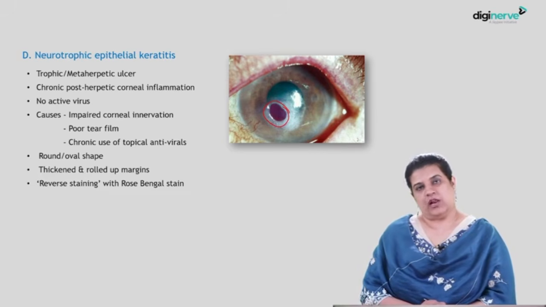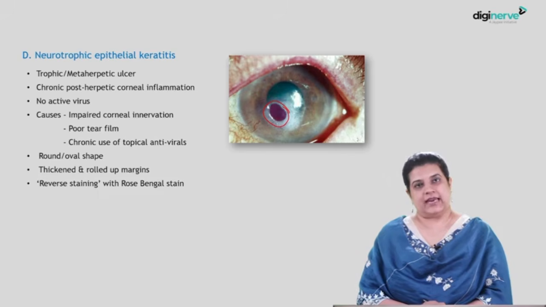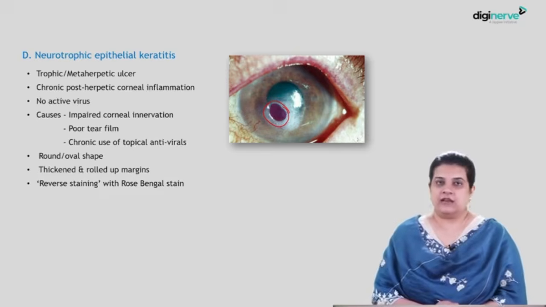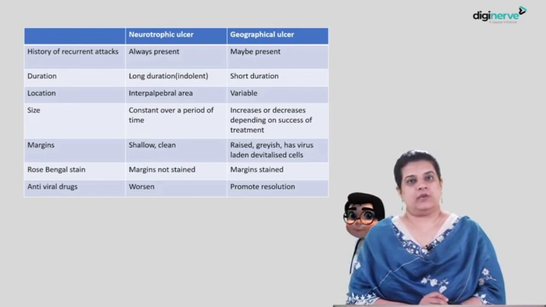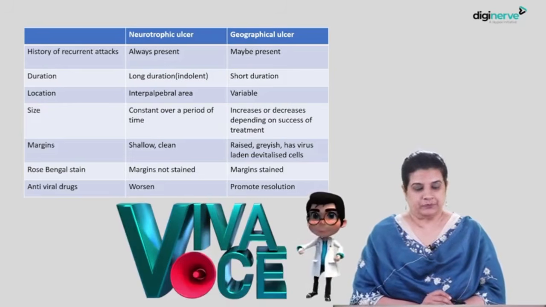So the rose bengal otherwise was staining the periphery, but here the rose bengal is staining the neurotrophic ulcer itself. Now this reverse staining characteristic can also be asked as an MCQ question, and otherwise trophic ulcer or metaherpetic ulcer can come as a short note for your exam. It's very important to be able to differentiate neurotrophic ulcer from geographical ulcer.